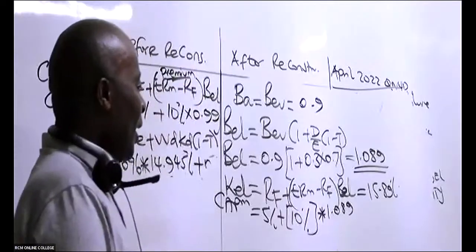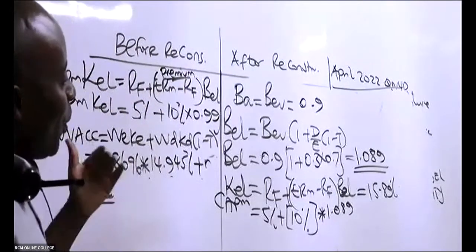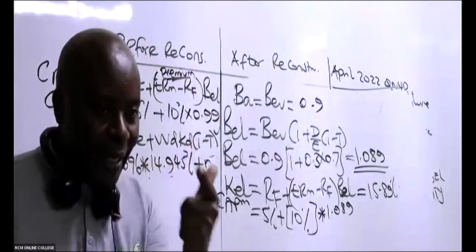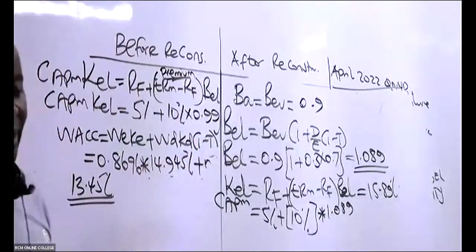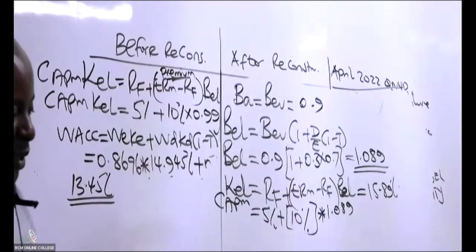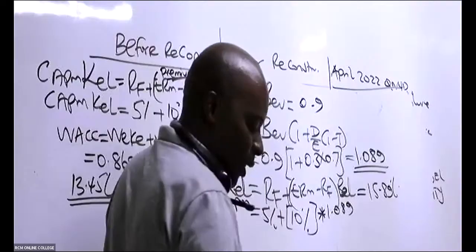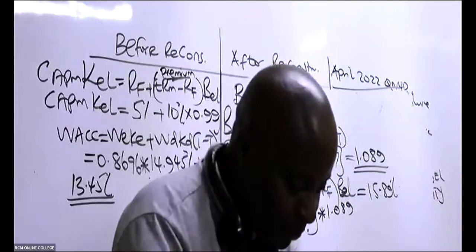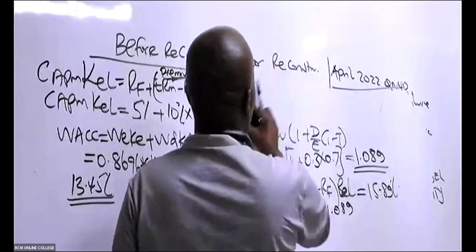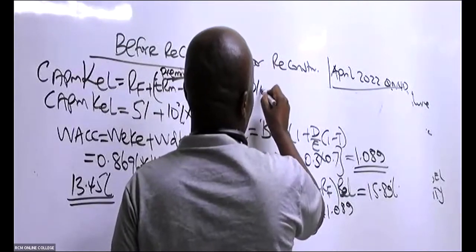Magdalene? Yes. Now, after getting KL, I know that the next thing will be the weight, isn't it? Specifically, the weight of debt. The only thing I need to get the weight of debt is debt to equity. After reconstruction, our debt to equity is 0.3, isn't it?